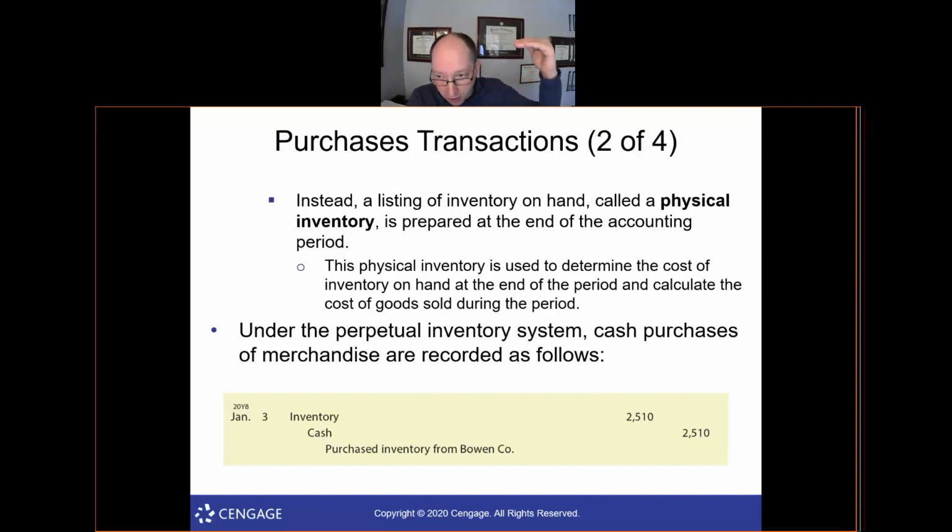To increase our inventory, we debit inventory, in this example 2510, and we credit cash, 2510. So we're purchasing inventory for our company to later sell. We debit inventory and we credit cash. That's the journal entry that we would make.